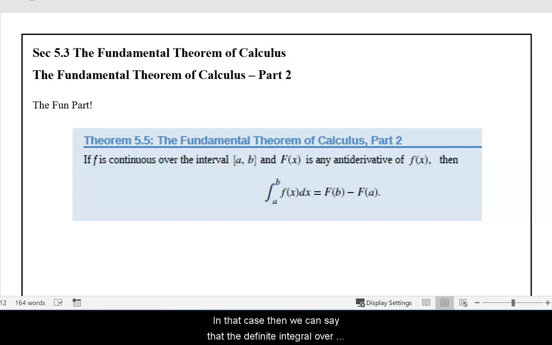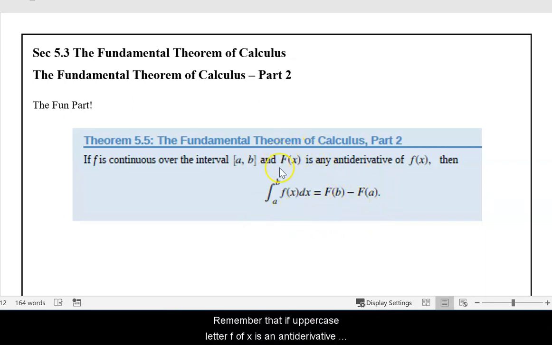In that case, we can say that the definite integral of f of x from a to b is the difference in the antiderivative function evaluated at the upper limit of integration b minus the antiderivative function evaluated at the lower limit of integration a. Note the relationship between the two.